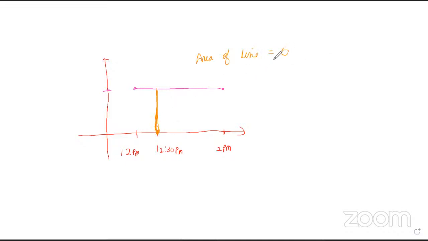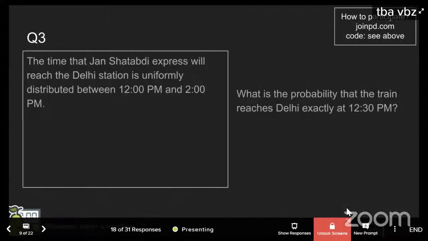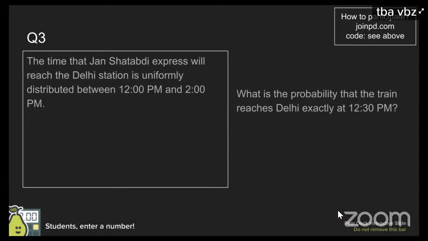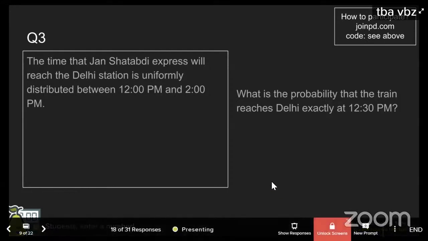So the probability that your random variable will take the value exactly 12:30 p.m. would be 0. So there is no need to do any computation. For continuous distributions, we can generalize it: whenever you have to find the probability at a specific point, it would always be 0, because the area under the curve at that specific point would be a line only.